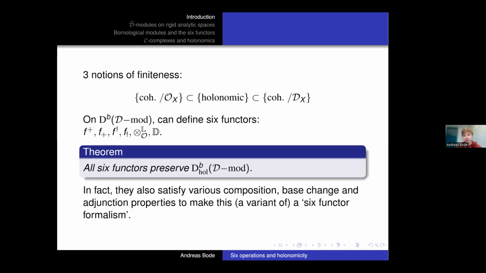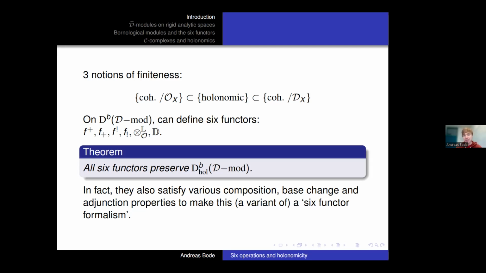In fact, slightly more is true. You can view this category, holonomic D modules, as being endowed with a 6-functor formalism in this way, right? You have these 6 functors operating on it. They satisfy various axioms about how these functors get composed, how base change works. There's an adjunction formula for these different direct and inverse image functors. There's a projection formula. All these things work here.